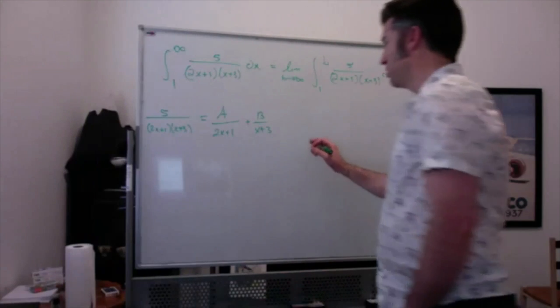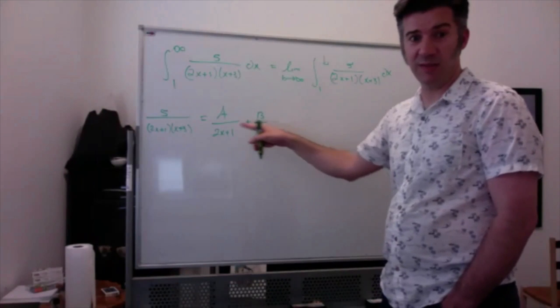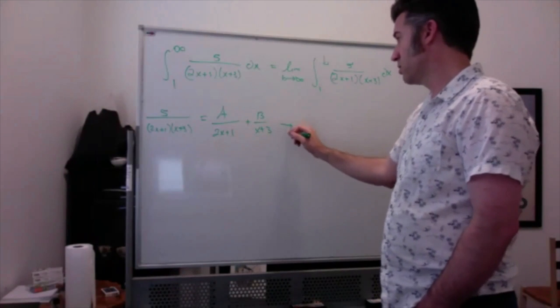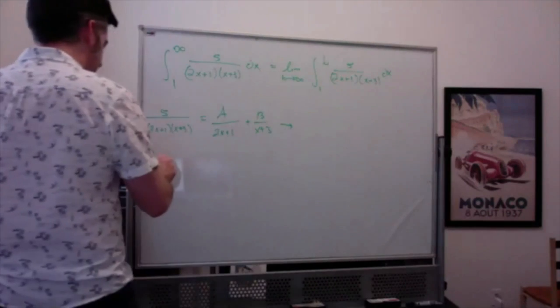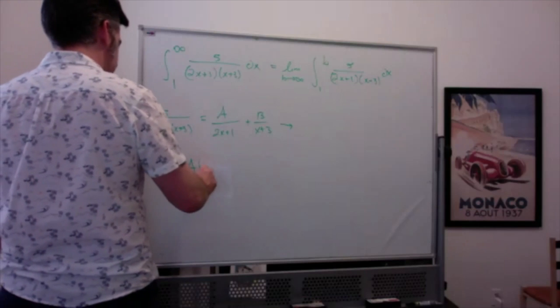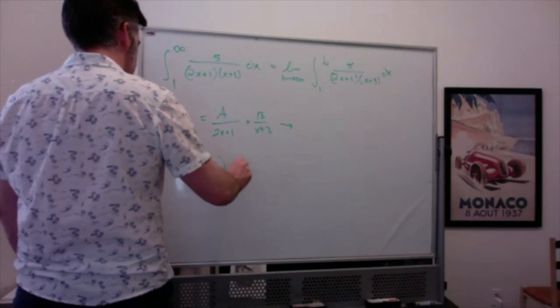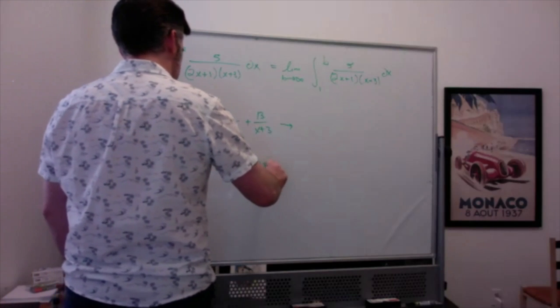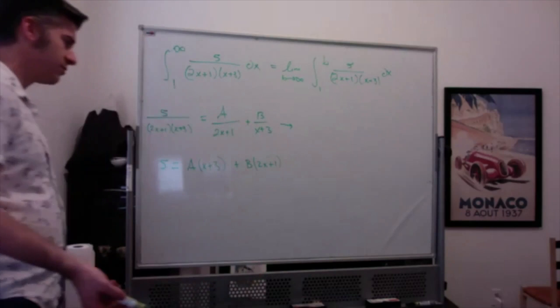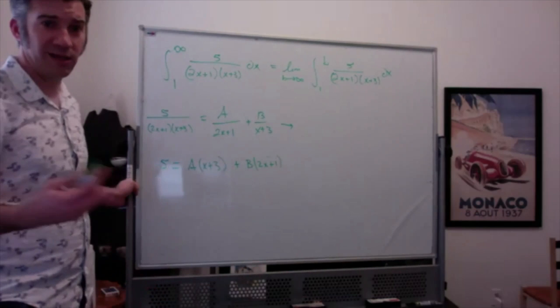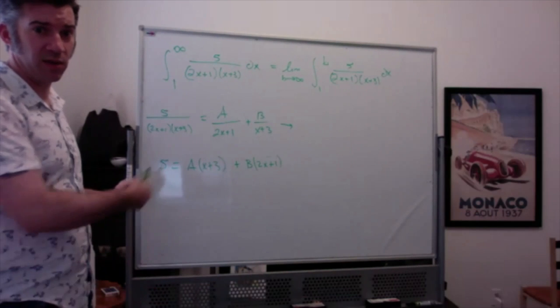So multiplying both sides by the denominator, I get 5 on the left. I get a times x plus 3. I get b times 2x plus 1. Okay. So what's a convenient value of x I could pick to make one of those things 0?